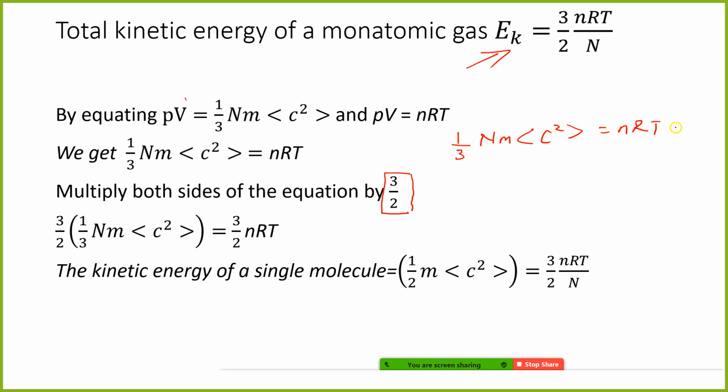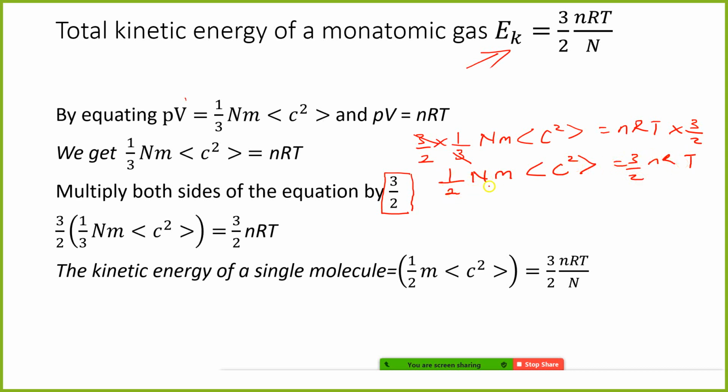If I multiply both sides by 2 upon 3, on this side the 3 divided by 3 cancels out, leaving me with a half N times the mean square speed equal to 3 upon 2 nRT.